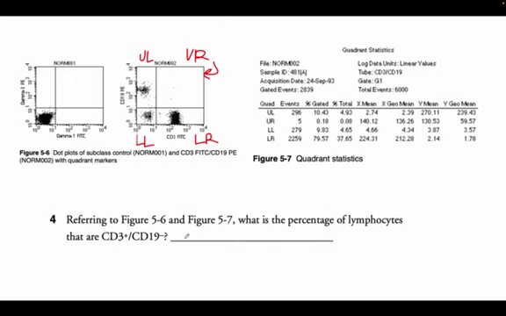So we are going to look for lymphocytes which have this marker but don't have this marker, which will be the quadrant which has high CD3 and low CD19, at the lower right quadrant. And we can see from the quadrant statistics this is 79.57% of the lymphocytes.